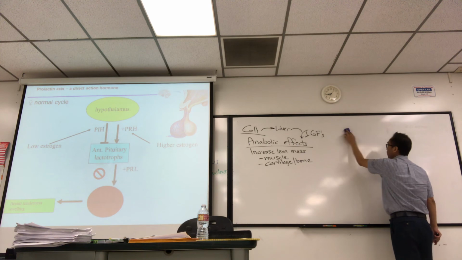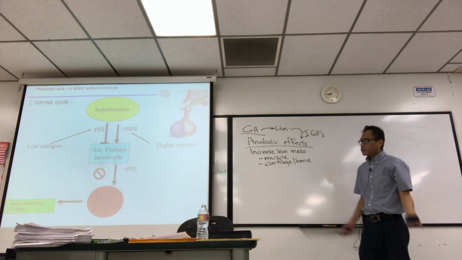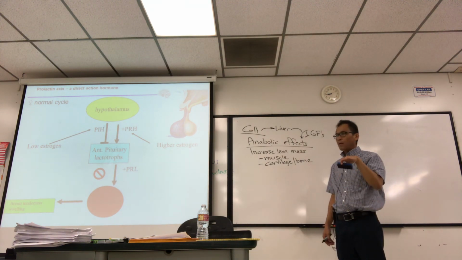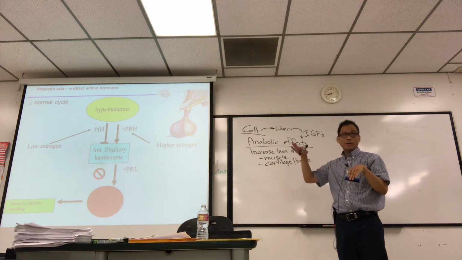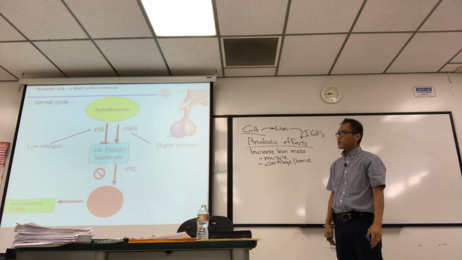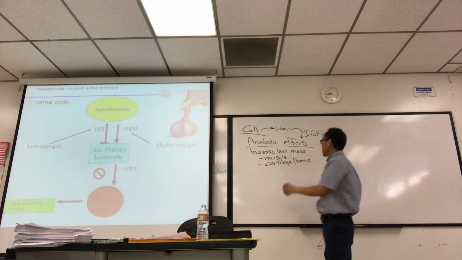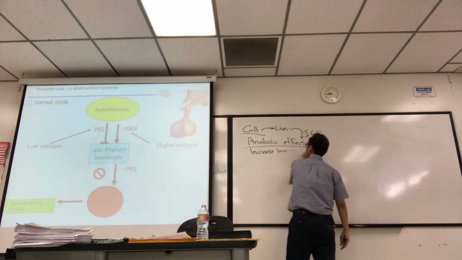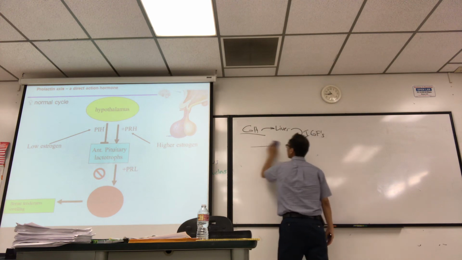And for about half of that 28-day cycle, estrogen's a little low. And for the other half, estrogen's a little higher. Okay, and a higher level of estrogen could stimulate the release of PRH, which will then release prolactin. And it targets the breast tissue.